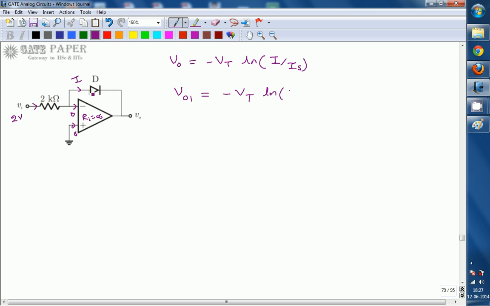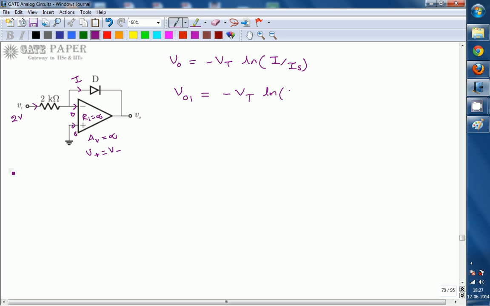Now, because of virtual short, an ideal op amp has one more characteristic, which is Av equal to infinite. Because of that we can say V plus is equal to V minus, which is the virtual short. How can we say this?